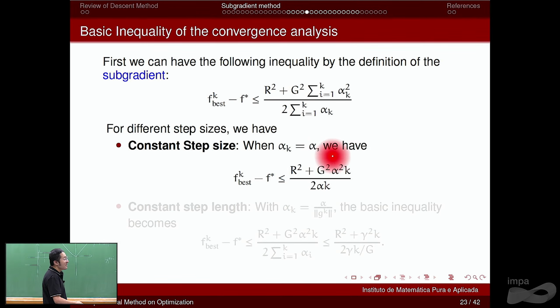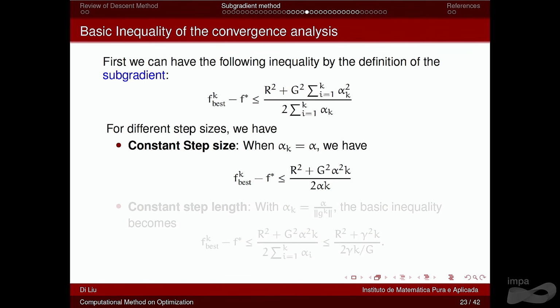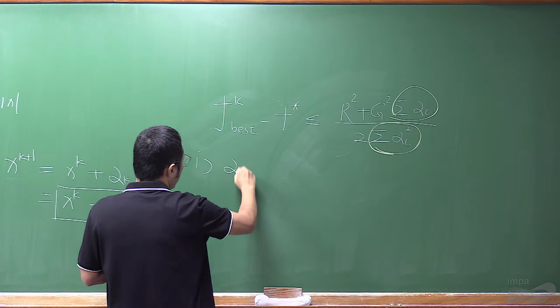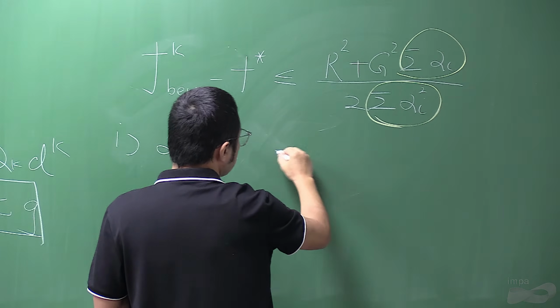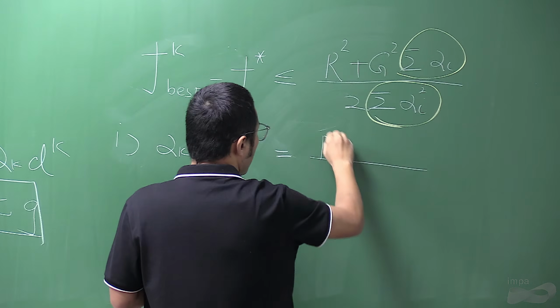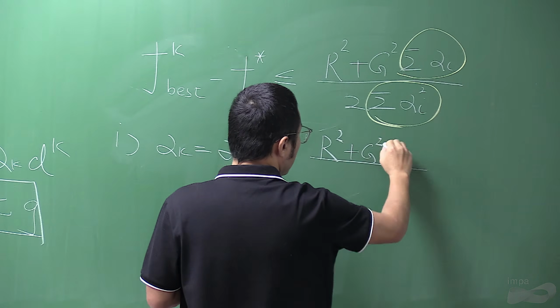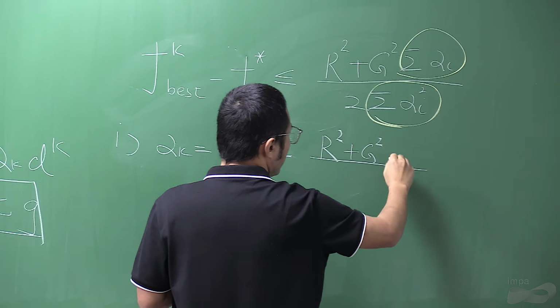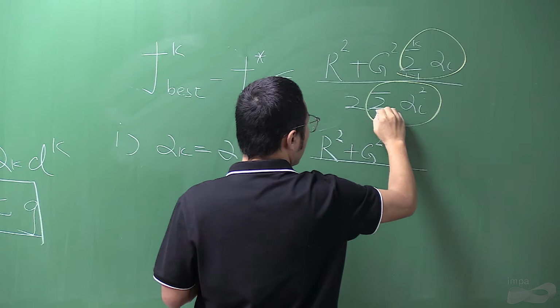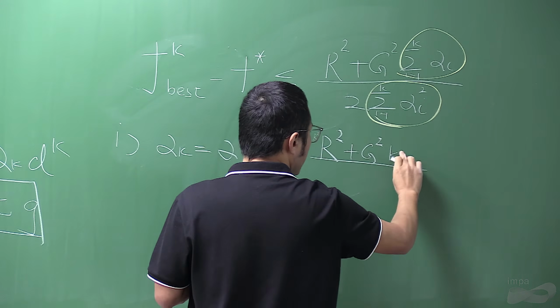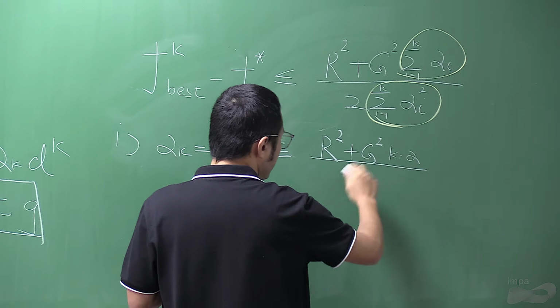Okay, we have this one, but unfortunately, even if your k is approaching infinity, first we choose alpha k equals some alpha. So this term becomes r squared, g squared, and this is k times alpha, because the sum is from i equals 1 to k.